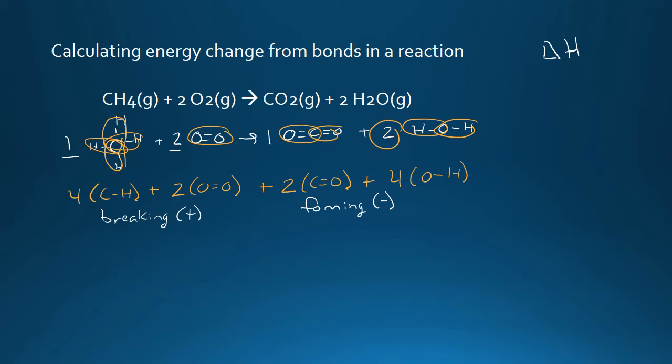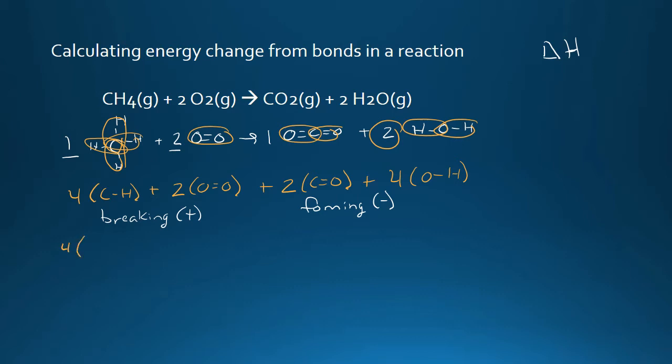It is a table that you have to read and figure out which bonds you're using. By no means is this comprehensive, but if it's not in this table, it will be given to you in the question.